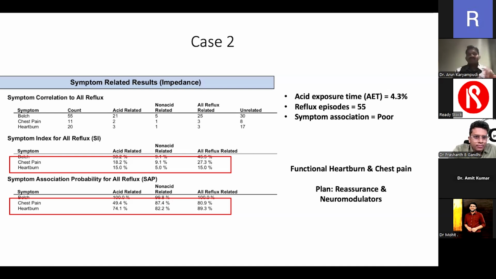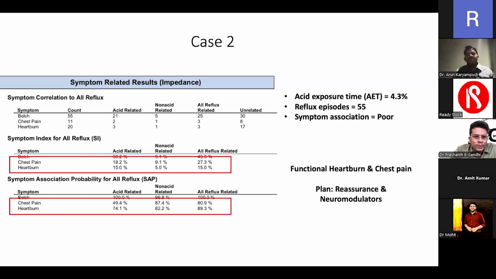So the reflux symptom association was poor, and this patient had functional heartburn and chest pain. The patient was counseled, reassured, and put on neuromodulators, and the surgery was deferred.